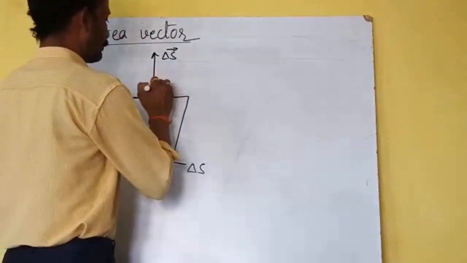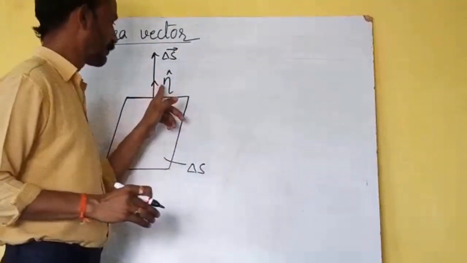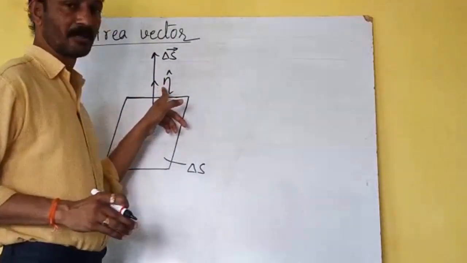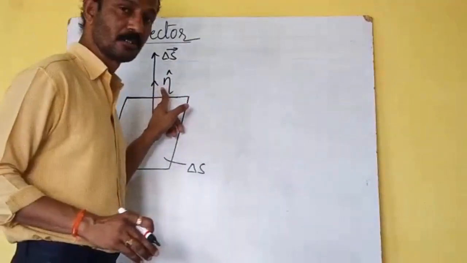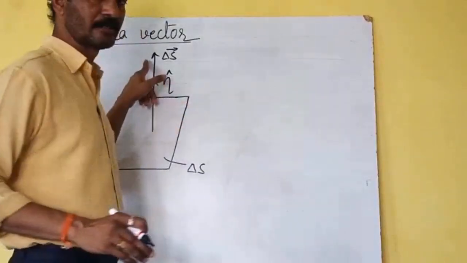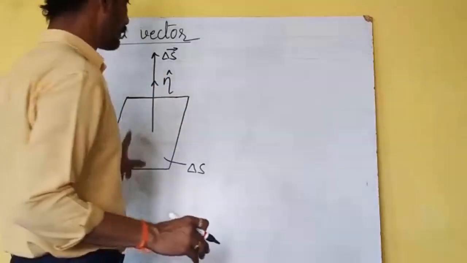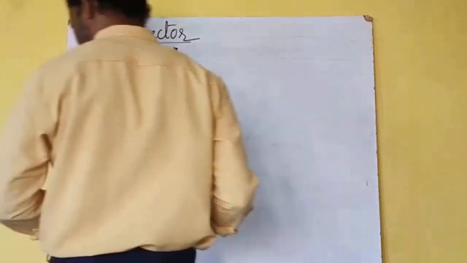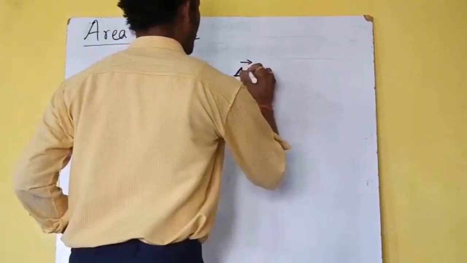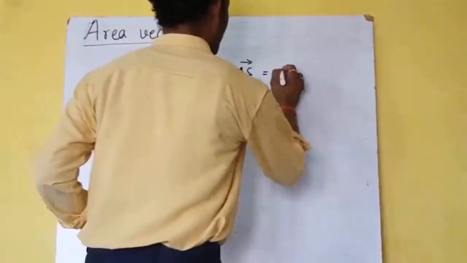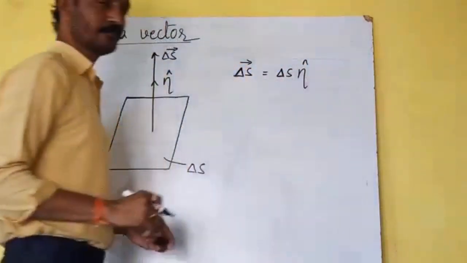Let n cap, eta cap, be the outward drawn normal. Eta cap is a unit vector drawn along the outward normal to the area element. Then the area vector can be represented as delta S equal to delta S into eta cap.